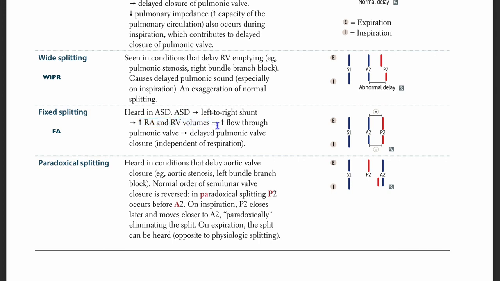This volume increases flow through the pulmonic valve, which causes delayed pulmonic valve closure independent of respiration. So respiration doesn't have an effect on this, and that's why it's going to be fixed. So fixed is for FA, which is ASD.